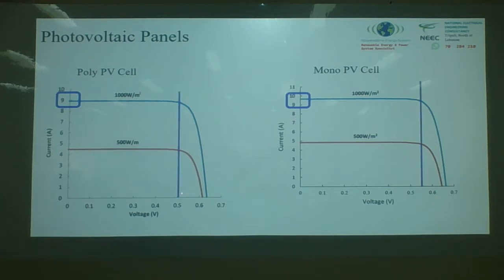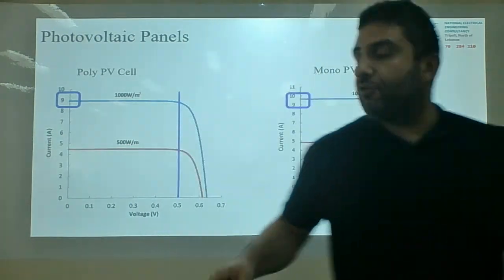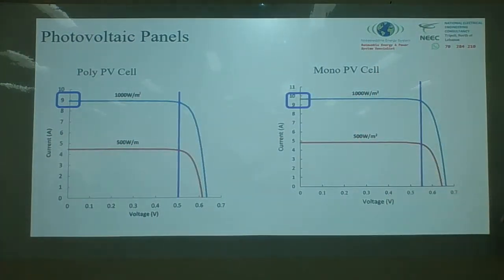See the difference? The voltage varies just above 0.5, maybe 0.55. That's why for maximum power output, irrespective of the radiation, the voltage changes slightly, maybe 0.54 to 0.56. However, the current changes big time depending on the radiation, between just under 5 to maybe 9.6 amps.